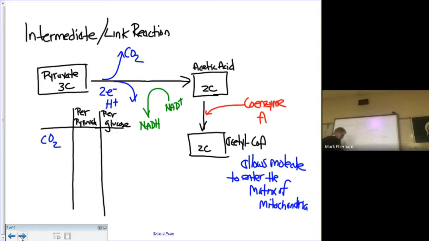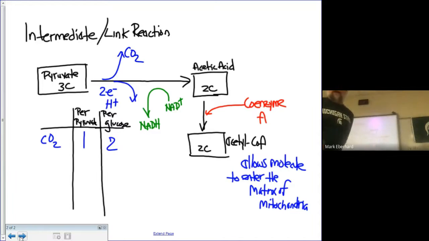It will in a second. So per pyruvate, I'm releasing 1 carbon dioxide. But per glucose, there are 2 pyruvates. So since there are 2 pyruvates, 2 times 1 is 2. Overall, for every glucose, I'm producing 2 CO2s. So of the 6 original carbons, the link reaction is going to release 2 of the 6 carbons into the atmosphere.